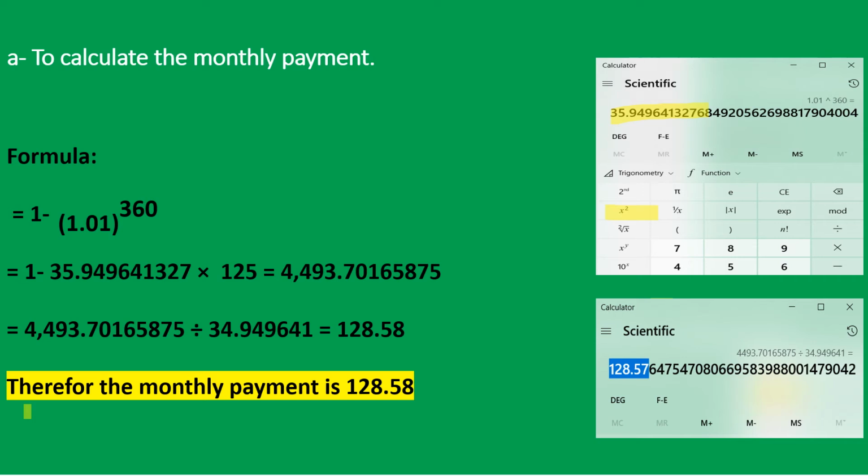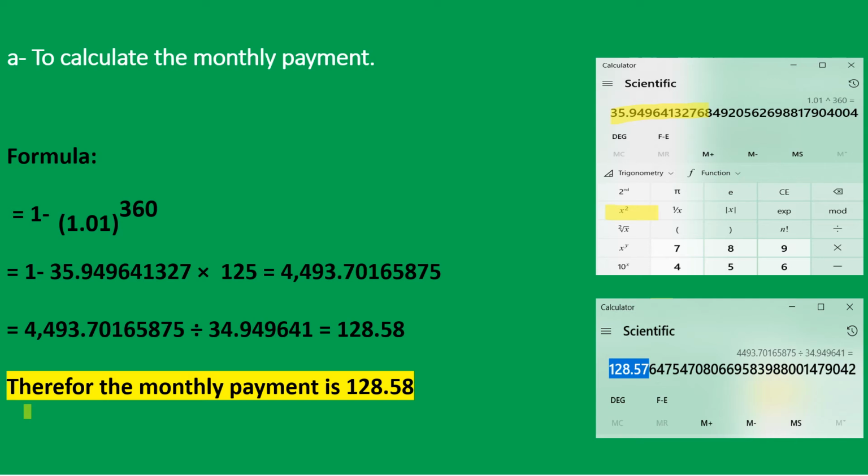We're going to take the numbers to this point. Because in the formula you will see 1 minus, I did 1 minus, so the 35 is now 34. You can see here all the multiplication that I did, and you will see the answer.